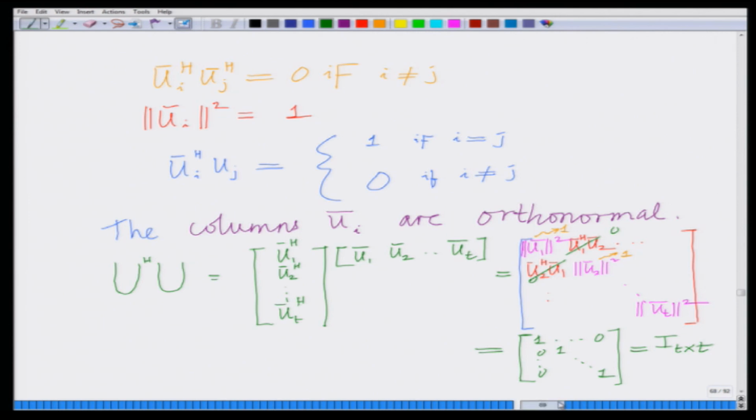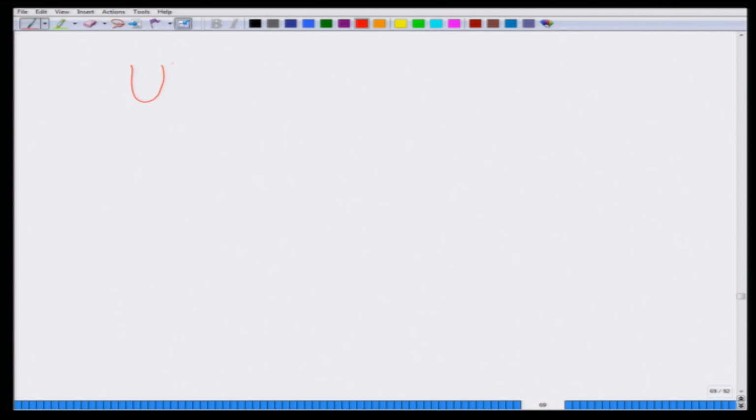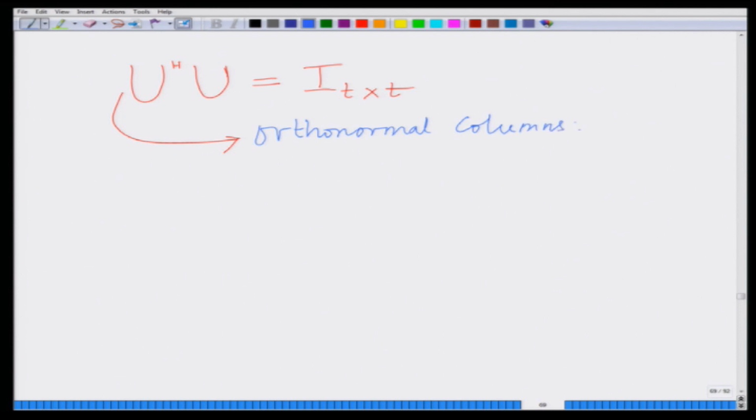So the first property is that U Hermitian U is the T cross T identity matrix, because this matrix U contains orthonormal columns. Now, let us look at the matrix V. The matrix V also obeys a similar property.